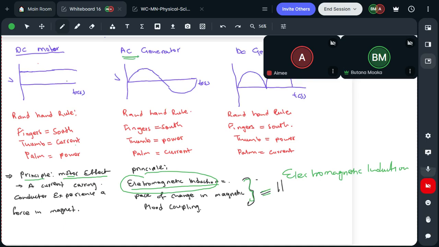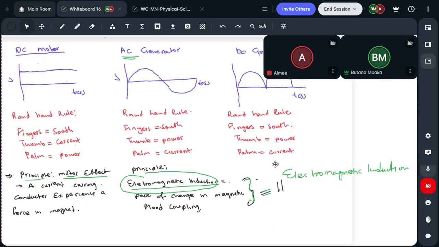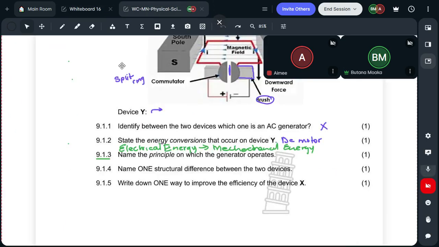The AC and DC generators both operate under electromagnetic induction, so the answer is electromagnetic induction. Are you following?